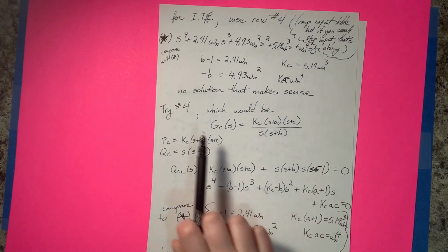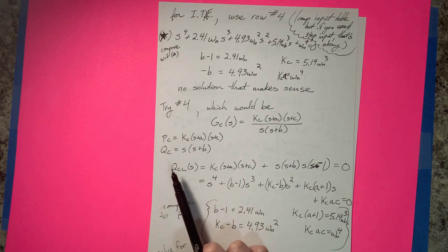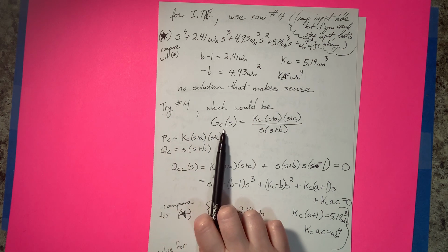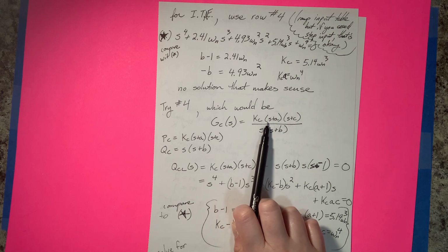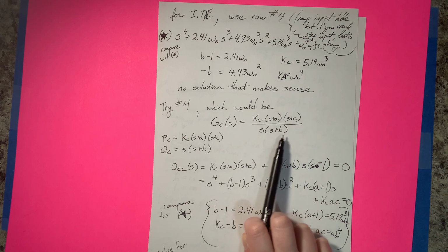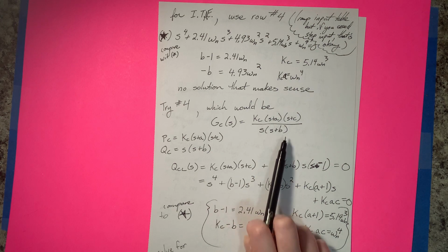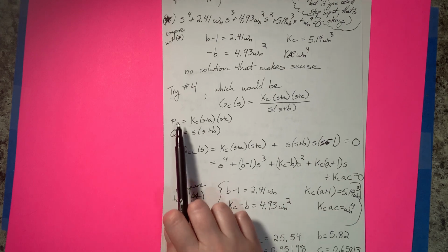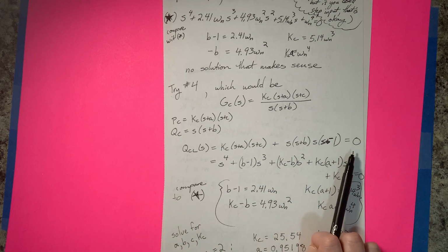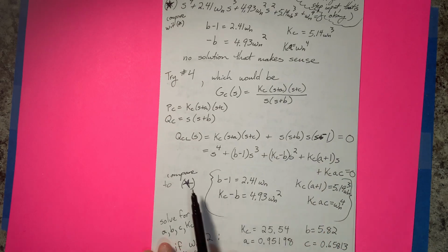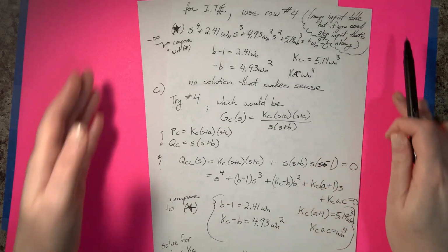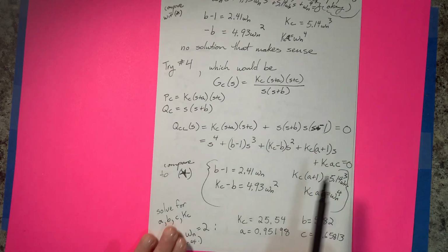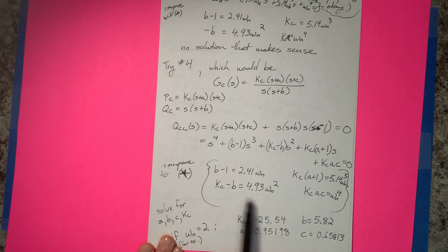Okay, so let's advance one more GC trial design. Trial number 4 would have been KC times S plus A times S plus C over S times S plus B, which you will see appear again later in sim number 3. So we plug this into QCL, we try and solve it, and we compare to our equation star, which is exactly the same ITAE row as we were just trying with trial number 3, just this row right here, and we should end up with these 4 equations.